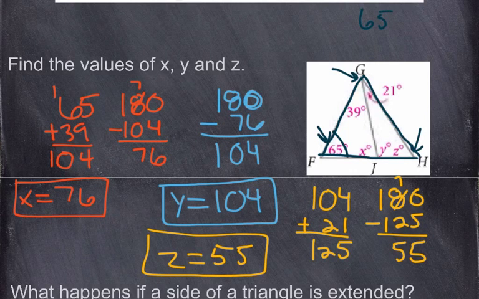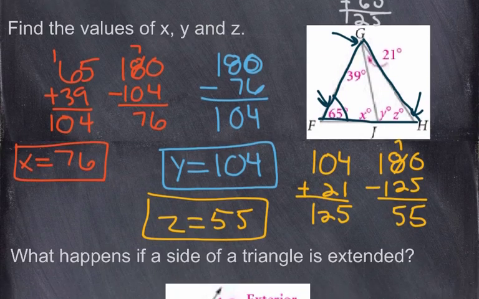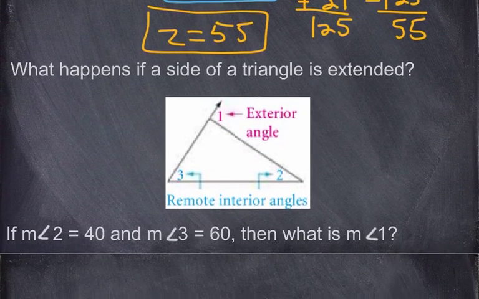So you have 65 plus the other 60. That leaves you with 125, which means z would have to be 55, which it is. 180 minus 125 is 55. So that's just a way you can check your work as well. Okay, so we might have to use one triangle's degree measure in order to help us find the degree measures in another triangle.